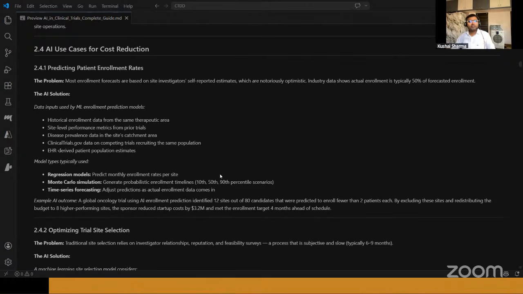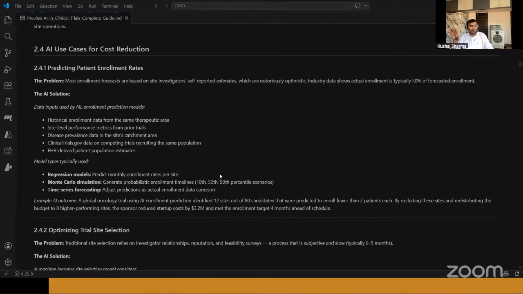Okay, so predicting the patient enrollment rate. The problem is most enrollment forecasts are based on site investigators' self-reported estimates, which are notoriously optimistic. Industry data shows actual enrollment is typically 50% of forecasted enrollment.